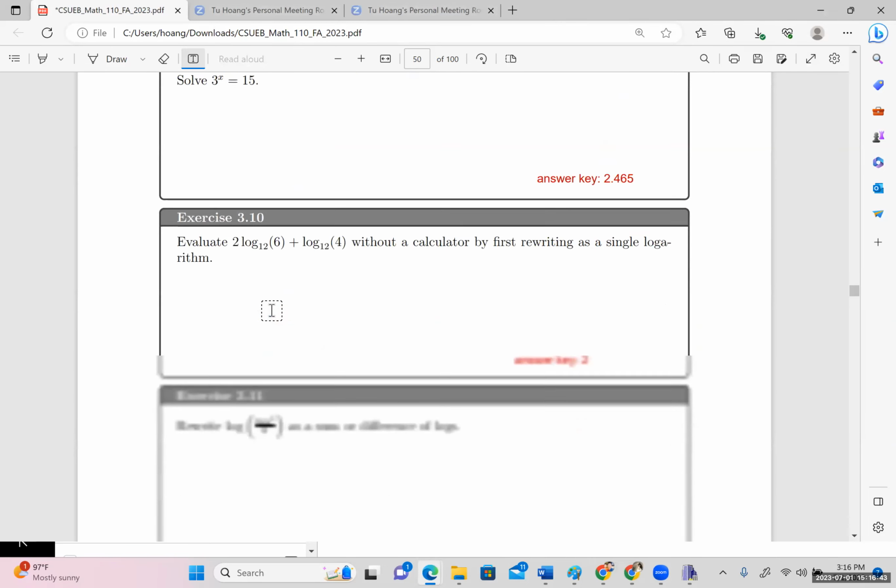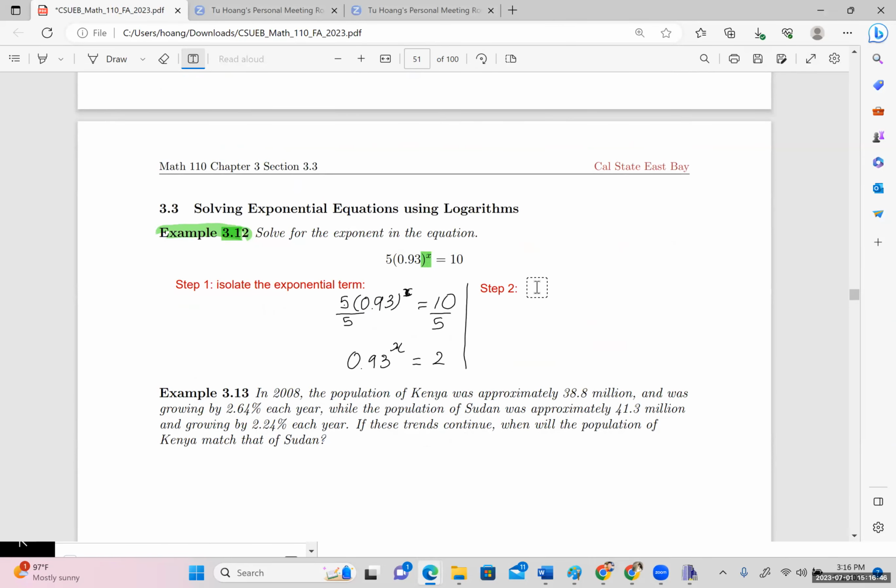I have log of 0.93 to the x equals log of 2.